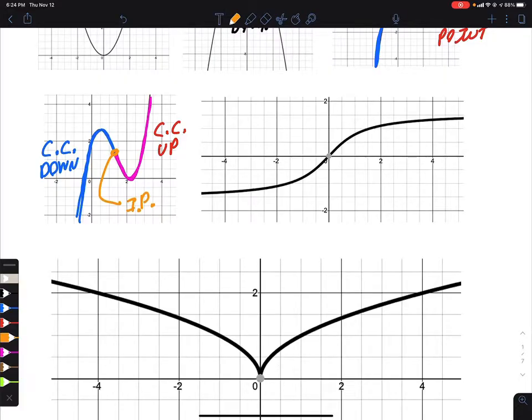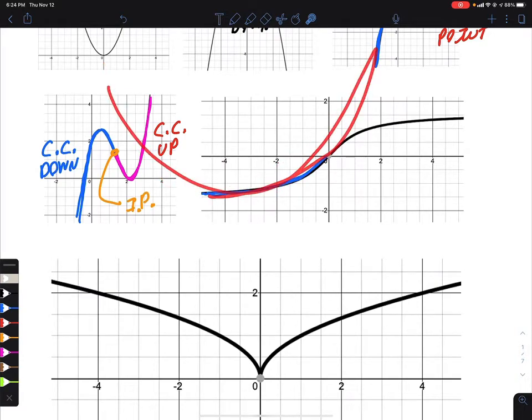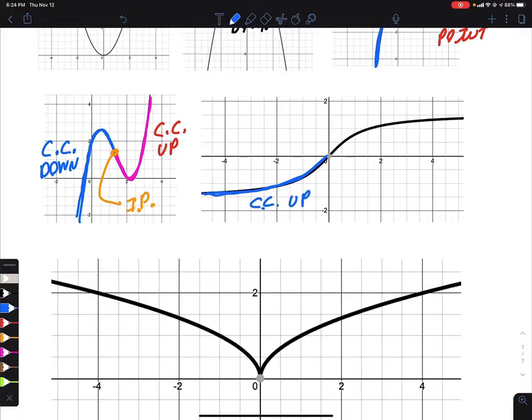All right, what about this next one? Hopefully you got it. This, to me, is part of a concave up graph. So that's concave up.